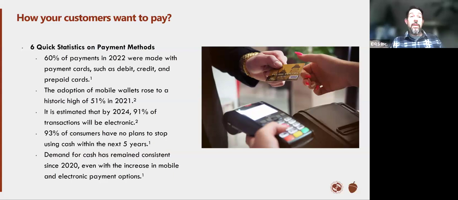And then, even so, this study was produced a couple years ago, and they estimated that by this year, 91% of transactions will be electronic. Now, that's not just in person, right? Because obviously, all transactions that are done online are electronic, and there's a lot of transactions being done online with Amazon and Walmart.